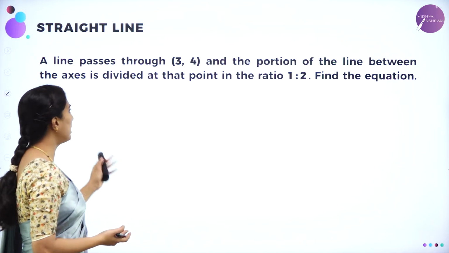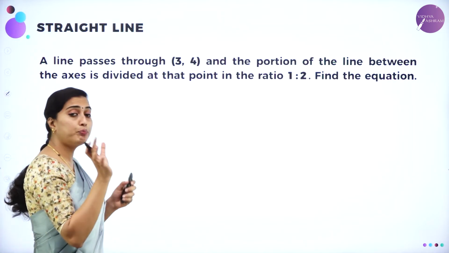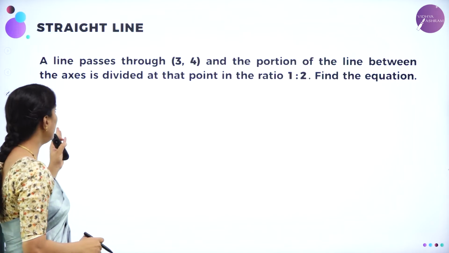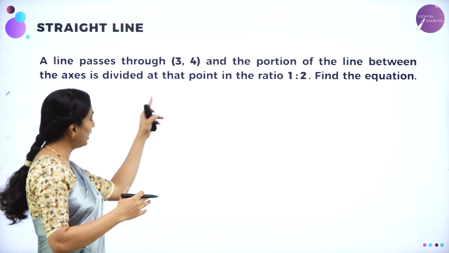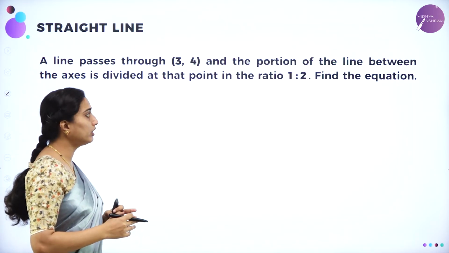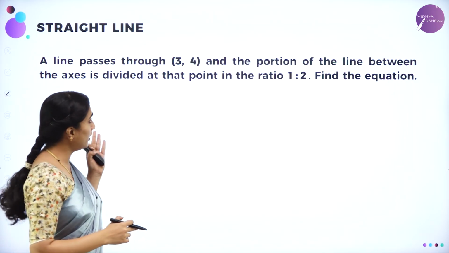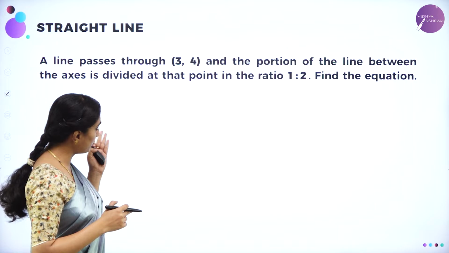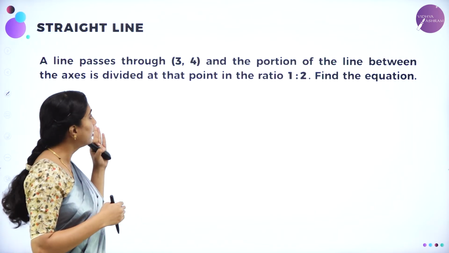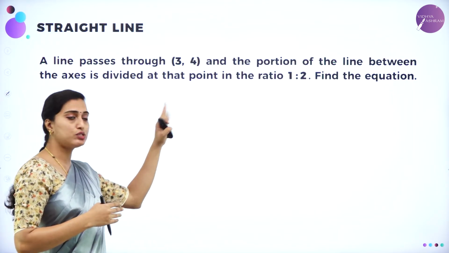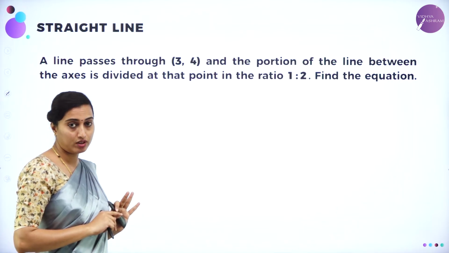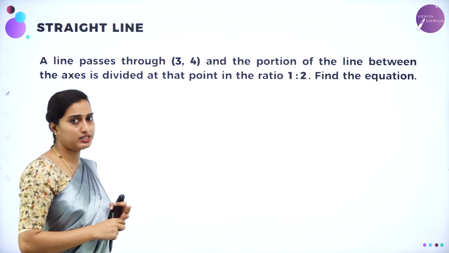A line passes through (3, 4) and a portion of the line between the axes is divided at a point in the ratio 1:2. Find the equation. So they have given that the line passes through (3, 4) and the portion of that line is divided at the point in the ratio 1:2.